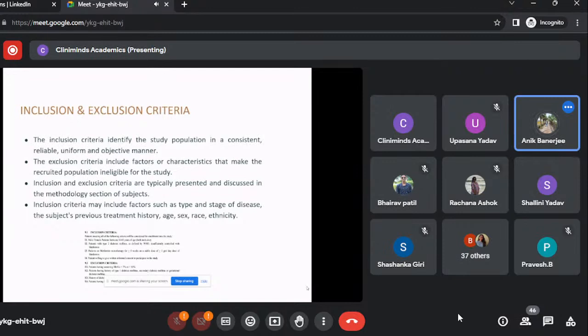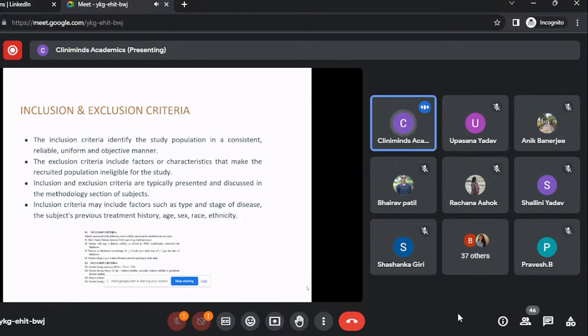All inclusion answers should be yes, and exclusion answers should be no. Then only they can participate in the study and meet the eligibility criteria. If any of the criteria is not met, they will be considered ineligible. For that we now use the term screen failure.